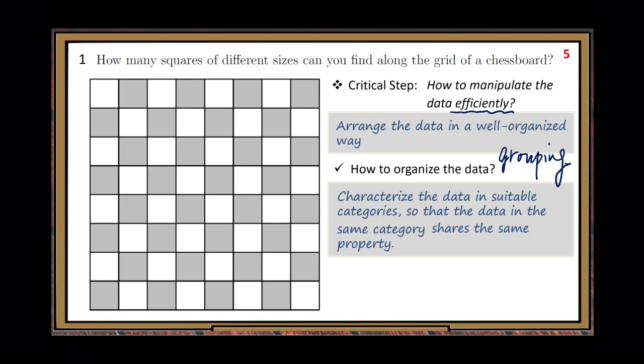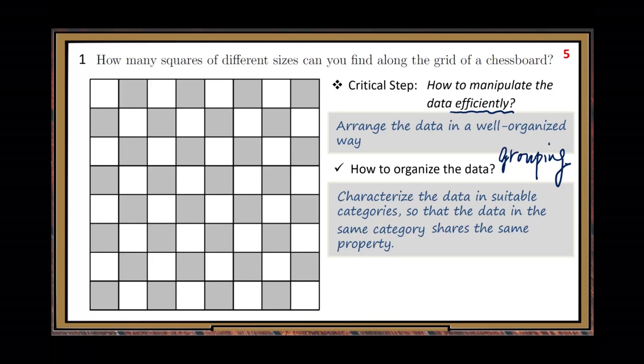So, very messy. It's hard to apply any property. So now we want to use different categories to separate the given data. Then in each category, the data should follow the same property. So then it's much easier to apply data processing operations on the given data. Okay, so that's the basic idea.